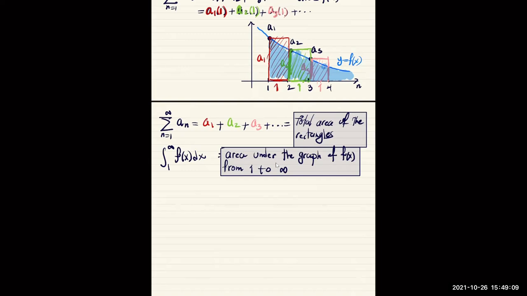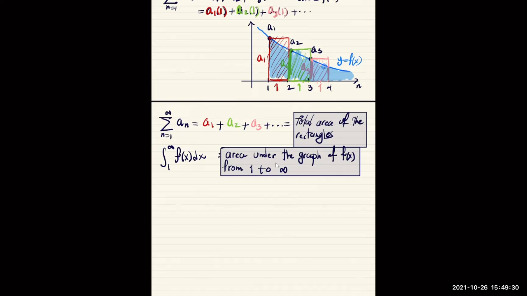So if the integral converges, then the series is convergent. If the integral is divergent, then the series is divergent. It just works both ways.